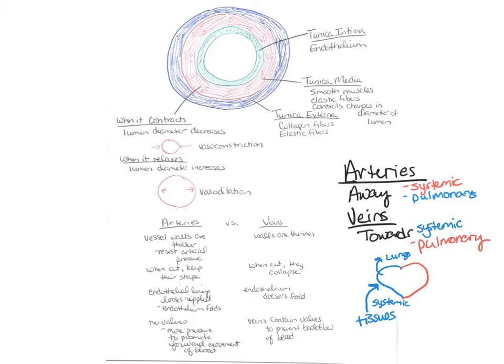And then we see these pulmonary arteries, which are carrying the blood to the lungs. The pulmonary arteries are going to be blue. Now at the lungs, the blood vessels pick up oxygen, and so they're going to return that blood to the left side of the heart through the pulmonary veins.